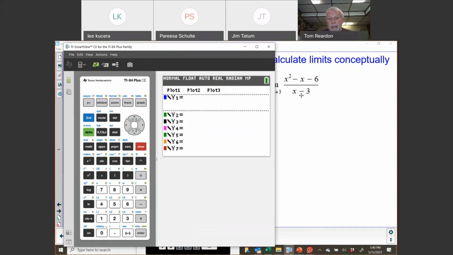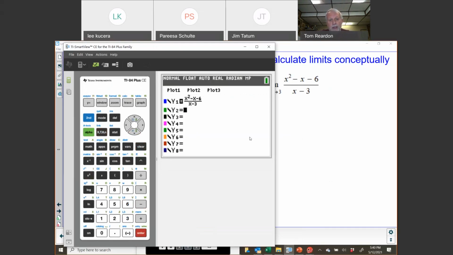And so I'm going to put this expression into my y equals. And again, this is not a training. This is more to show you ideas and what's possible. Okay, so x squared minus x minus 6, all over x minus 3. And I would want to know what's the limit as x approaches 3 for this, okay?